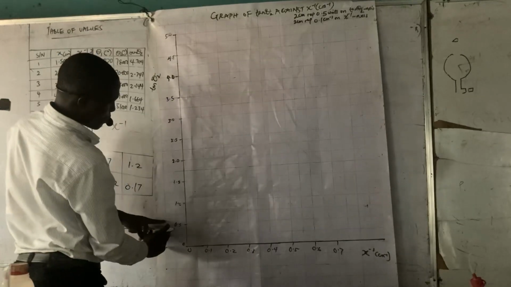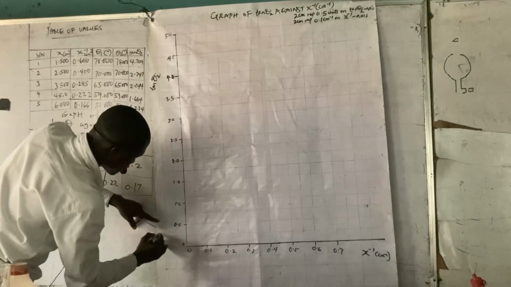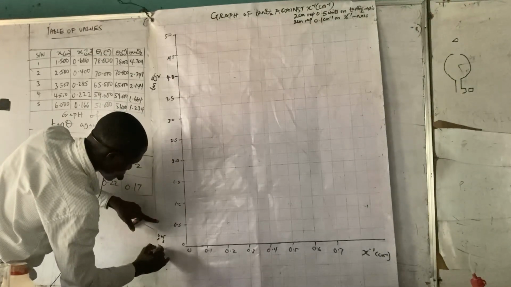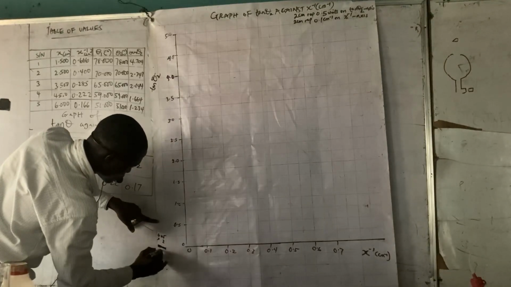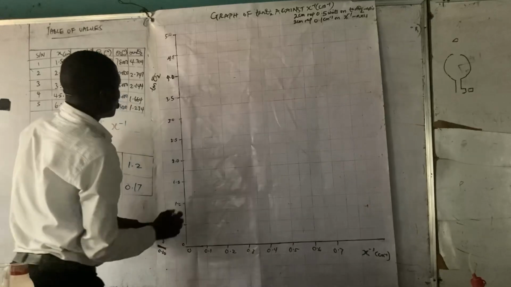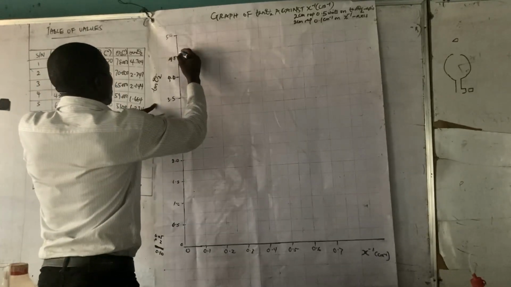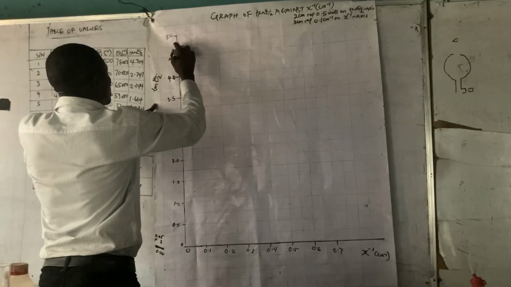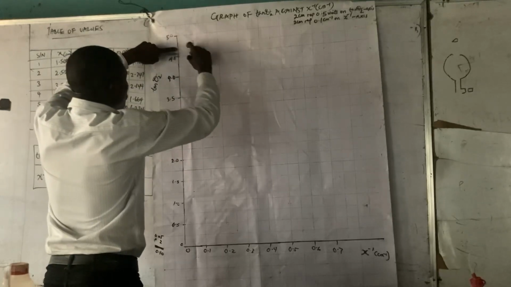Now this one is 0.5, so each line is 0.0, each box is 0.05. So two boxes will be 0.05 times 2, 0.10. So now this is 4.7, so we have 4.6, 4.7. So this is 4.7 against 0.67.